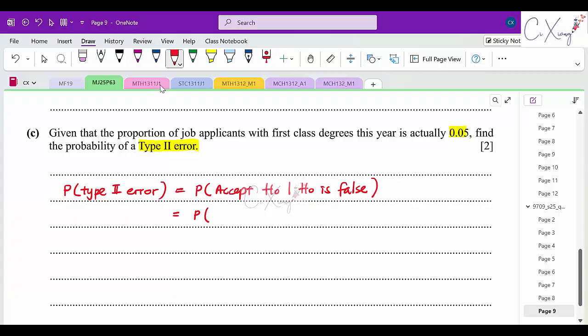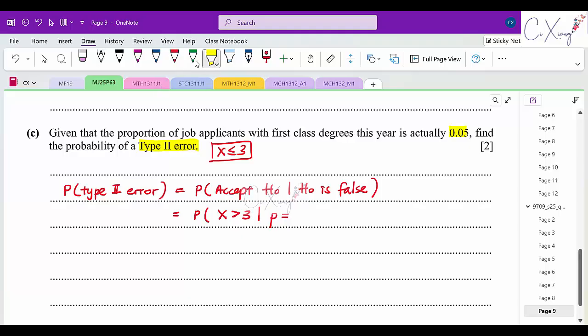Accept null hypothesis means that you need to put in the acceptance region. Just now you know that x smaller equals to 3 is the rejection region in part 1. Now to put in the acceptance region, it should be x greater than 3. Then given that null hypothesis is false, that means p cannot be 0.25 anymore.